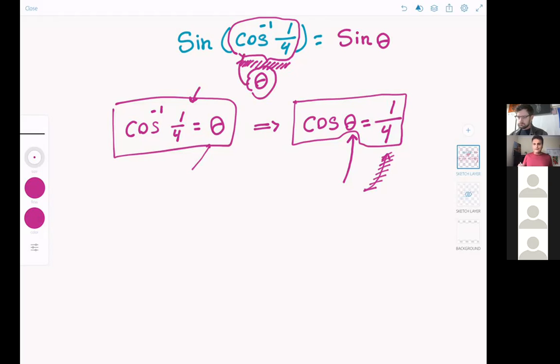So what do we have in this question now? Cosine of theta is given. We are super happy. Then they're asking us what is sine of theta. So how do we find sine of theta?